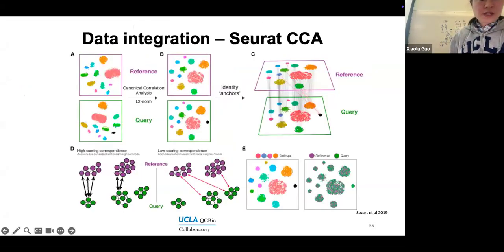And what we can do is the data integration, and that's already also written in Seurat, in the CCA function.